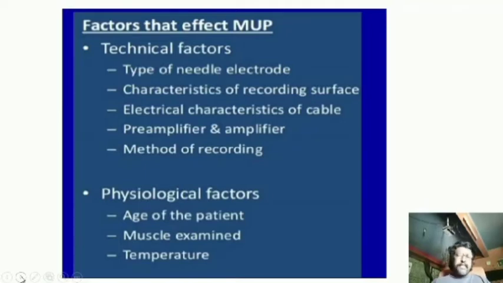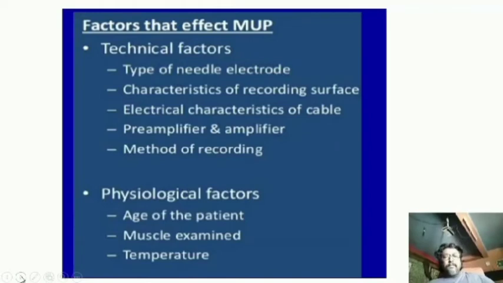And there are some physiological factors. The factors which I have discussed on the top of the slide are related to the technical aspects. Now I am discussing the physiological factors that also need to be considered, because the age of the patient is very critical, because a young person will have a rapid conduction of the action potential from one location of the muscle to the other location.